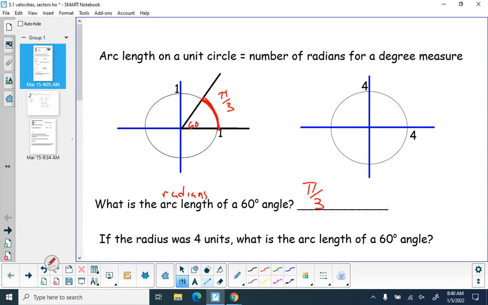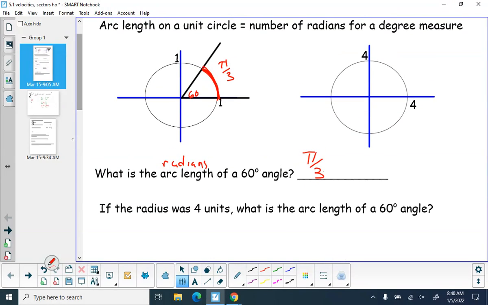Well, what happens if the radius gets increased to 4? What's the arc length of a 60-degree angle?